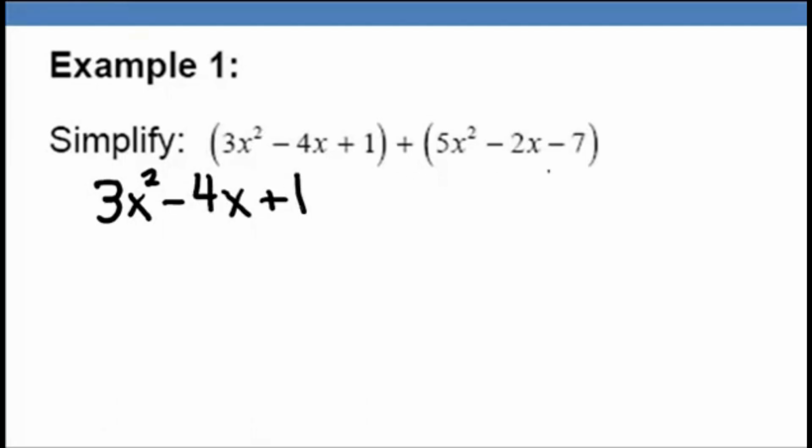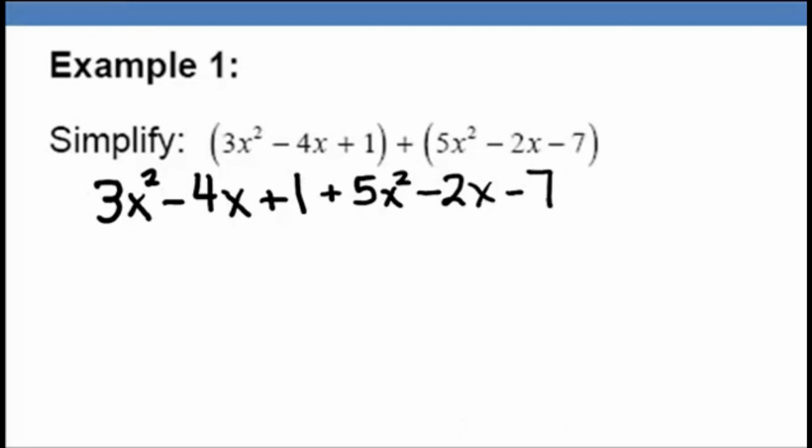We also check the second set of parentheses. Make sure there's no exponent, which there's not, and nothing out in front, which there's not. So this parentheses can also be removed. So plus 5x squared minus 2x minus 7.